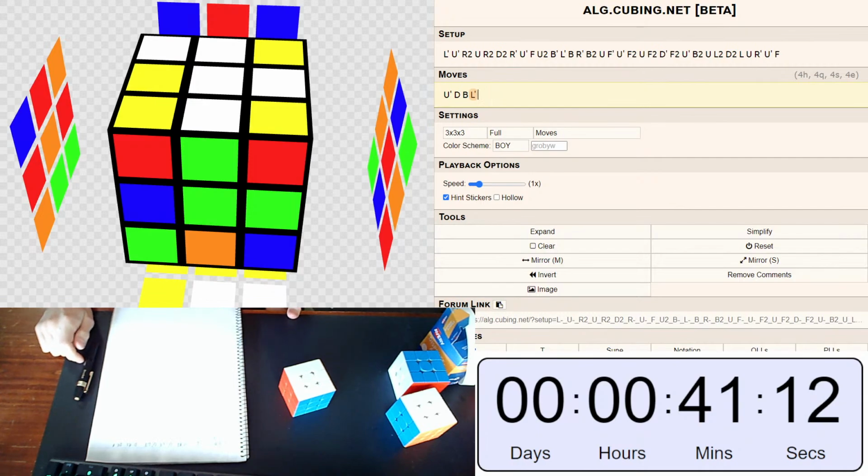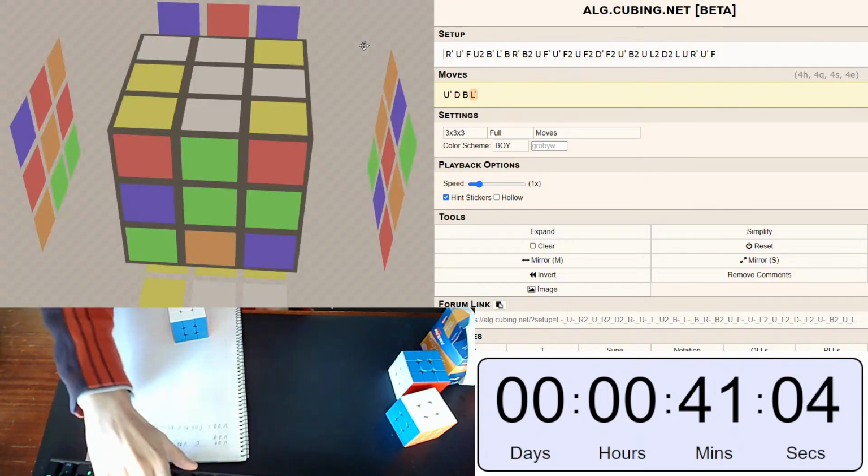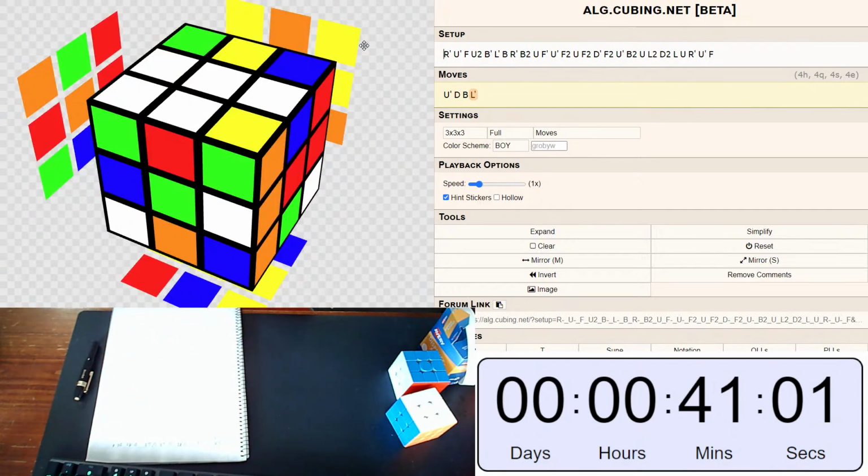I think I'm going to keep it on the inverse, but I'm not sure. So L prime, U prime, R2, U, R2, D2.